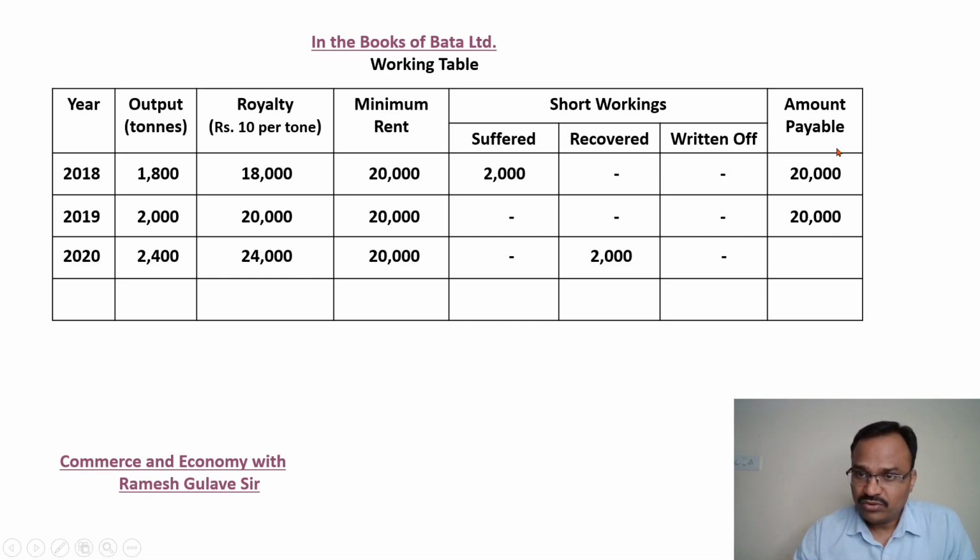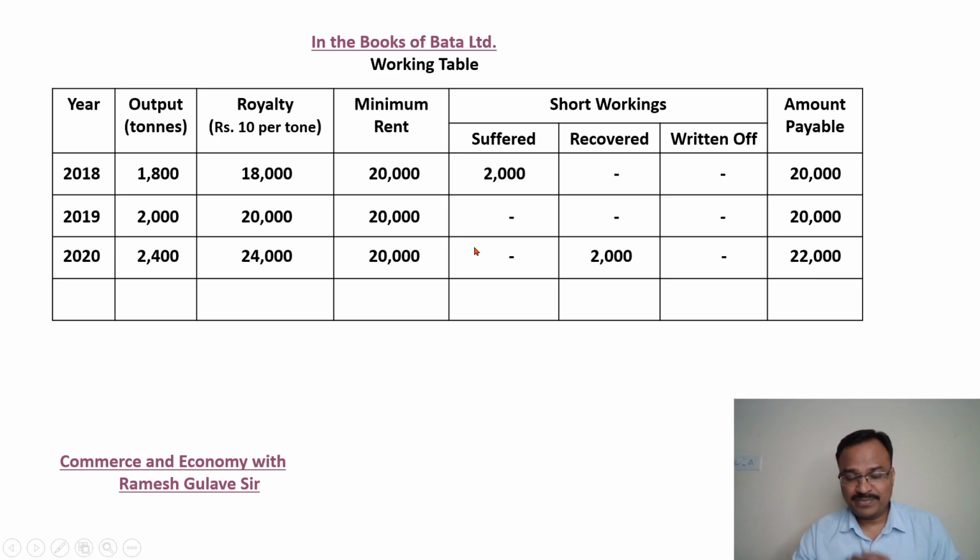Now we need to record the amount payable to the landlord in the last column. For this year, see friends, we need to calculate the amount in this way: royalties less short working recovered. So 24,000 is the amount of actual royalty minus 2,000, it gives us 22,000.